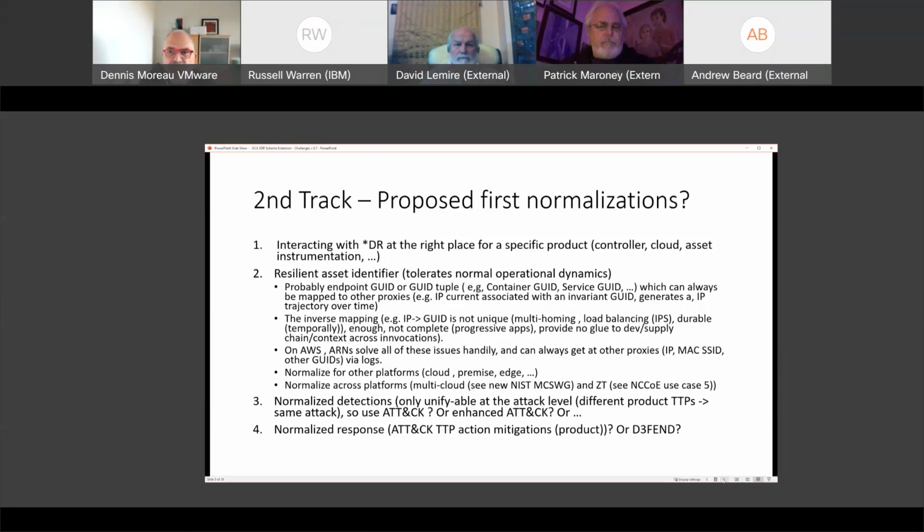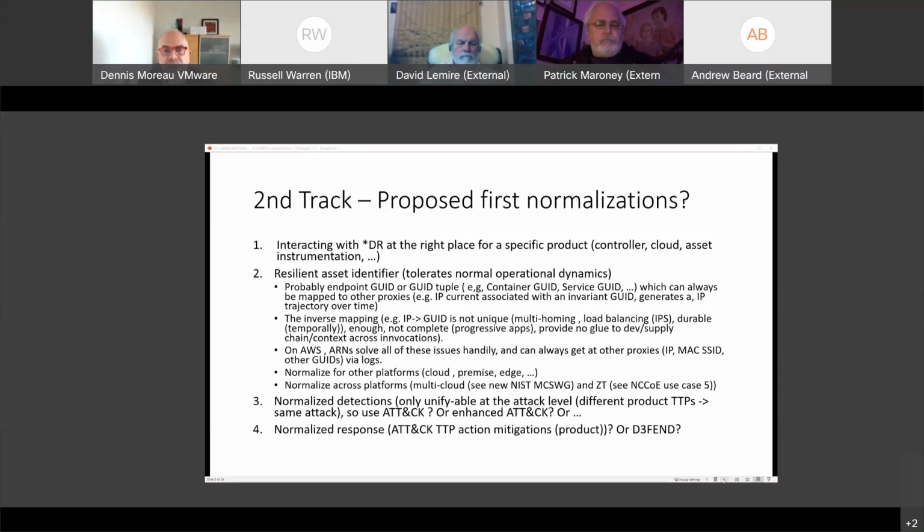What's working in the Amazon cloud, for instance, and in all of the public cloud platforms, are the GUIDs. Because a set of GUIDs can always be mapped to or resolved to what's the current IP address for that thing, what is the current VPC in which it's operating. You get a way to get the life cycle of either the application or the thing that was used to provision it or the testing associated with it. You get a way to connect the dots.